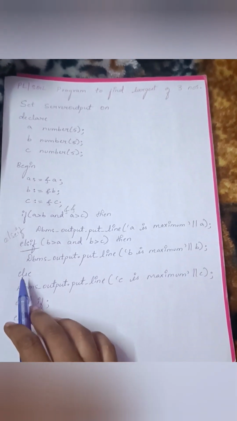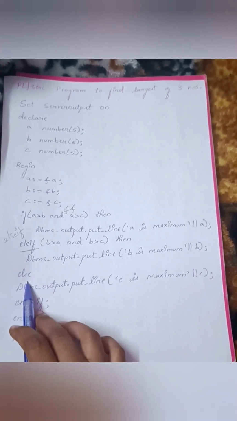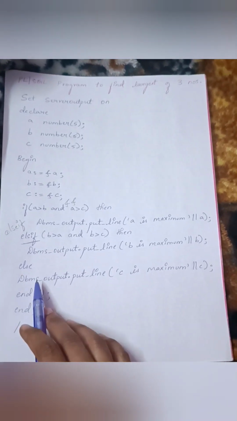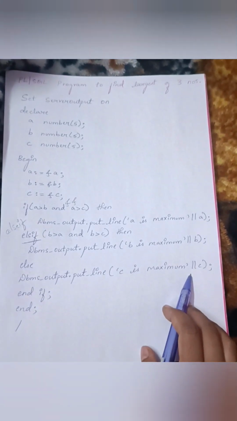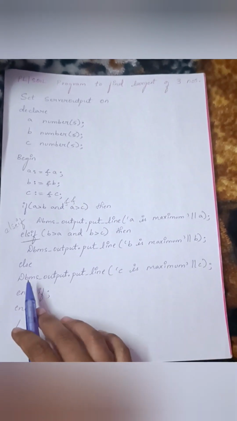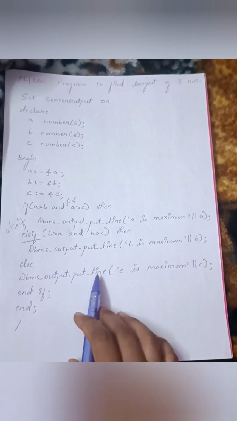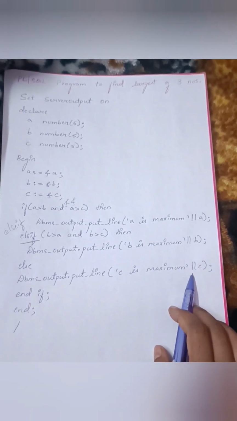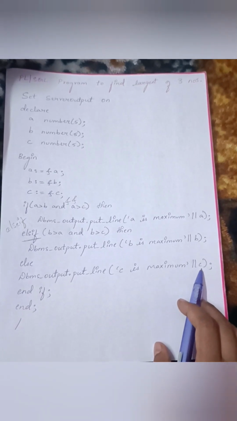Semicolon, and then else. Here it is the same as how you write in C language. Otherwise we have to print the value of C, which is the largest. So dbms_output.put_line('c is maximum' within single quotes, concatenation operator, we print the value of c.